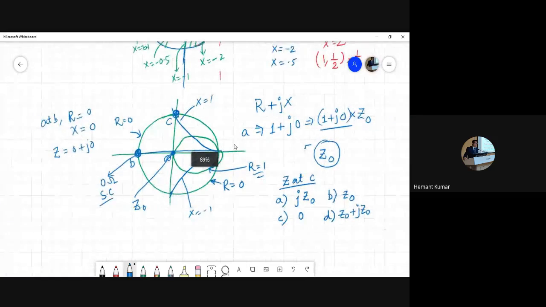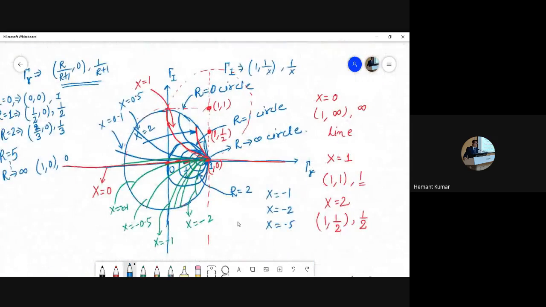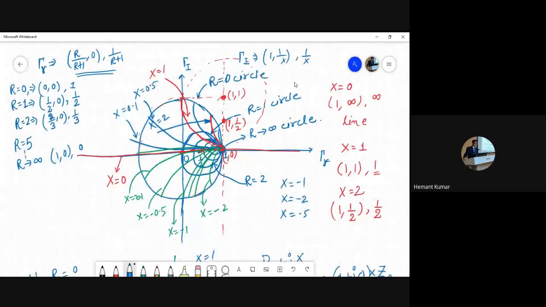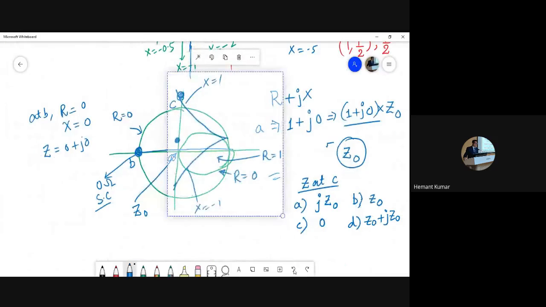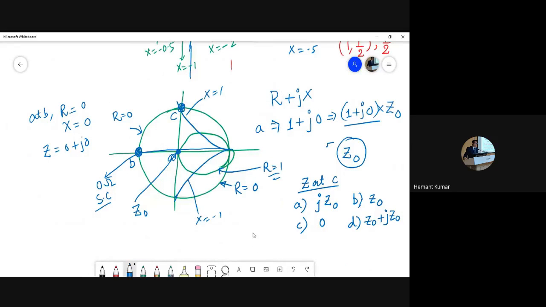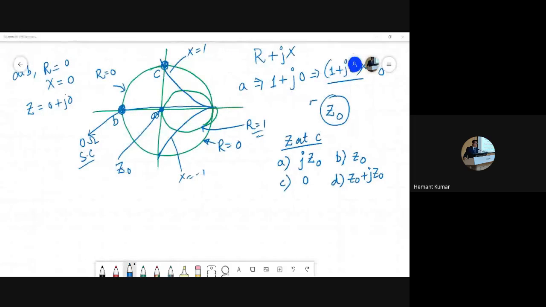We multiplied initially by Z naught when we were deriving. So what will be the answer? Please type in the chat box.